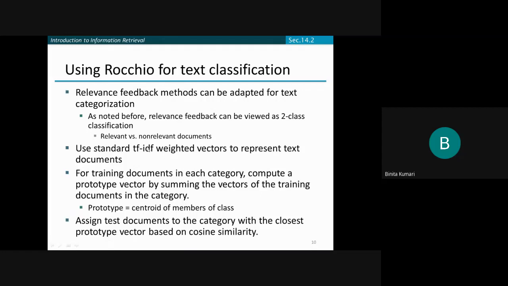There also we took two classes only, relevant and non-relevant, so we can use this for solving a two-class problem. Standard TF-IDF weighted vectors are used to represent the text documents, and then we find the centroid vectors, and then the distance, and accordingly we assign the test documents.